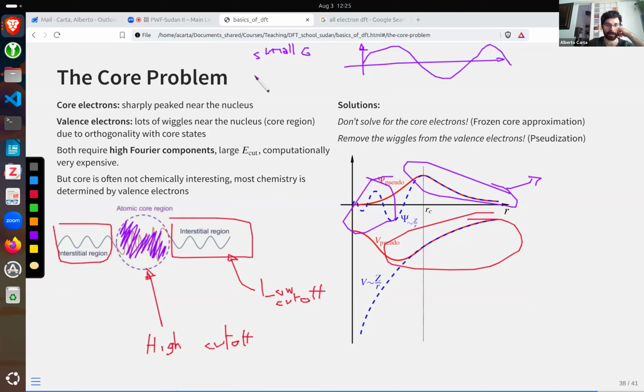But if we instead have a big G, here is psi, and here is R, a big G is something that wiggles a lot more.